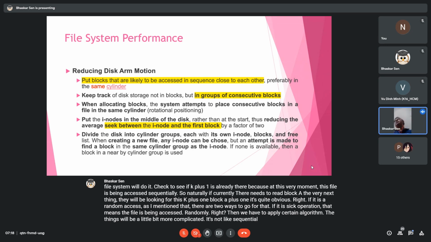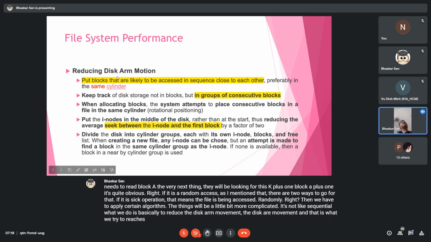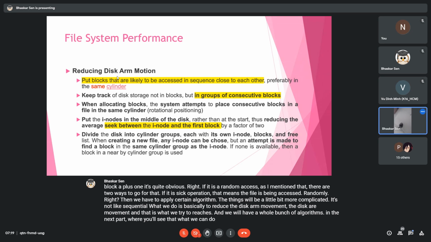What we do is basically reduce the disk arm movement, and that is what we try to reduce. We will have a whole bunch of algorithms in the next part where you will see what we can do to reduce this.